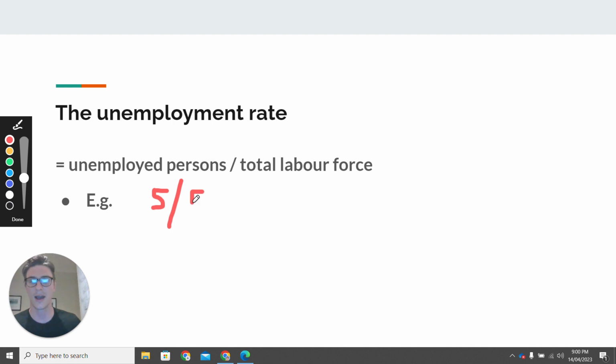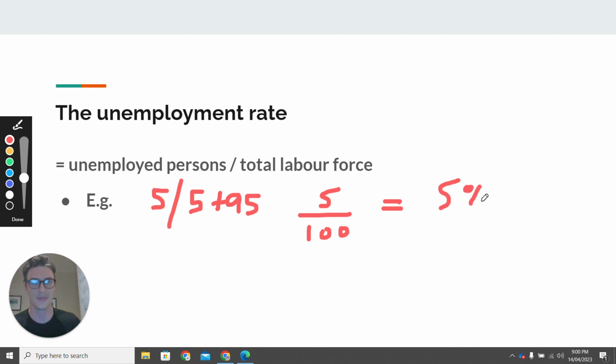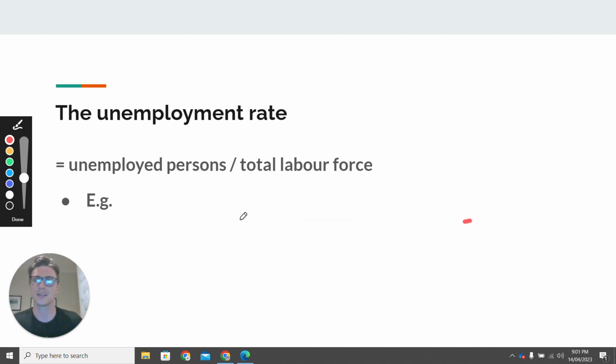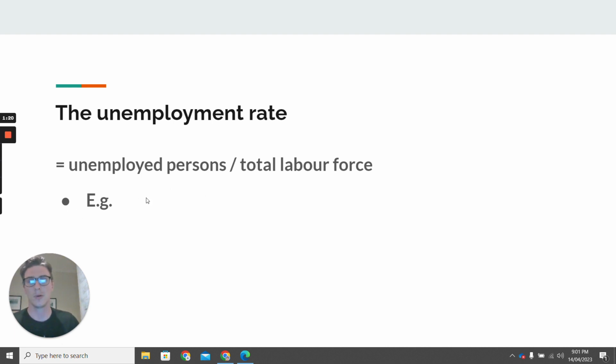Say there were 5 unemployed plus 95 employed, which gives us 5 divided by 100, because there are 100 in the total labour force, which equals 5%. That's effectively what the ABS does when it reports the unemployment rate. So when it says the unemployment rate is 3.6% this month, that's the exact formula it's using.